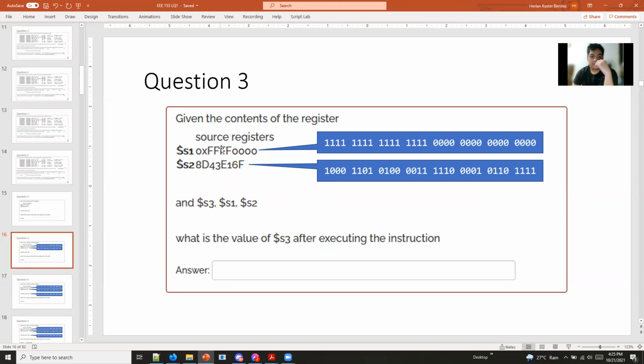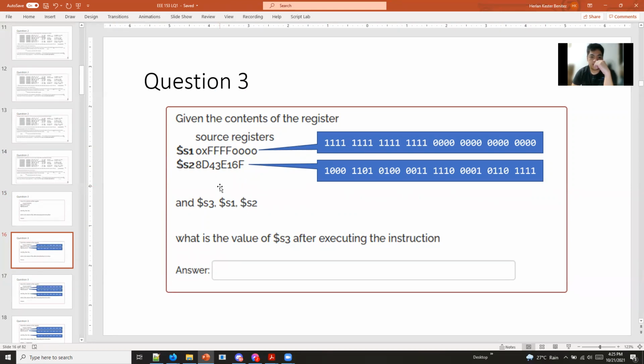So yung FFFF0000 is just puro 1 ang apat and then puro 0. And then dito naman sa baba, si 8 ay 1000, si D ay 1101, and then si 4 ay 0100, and 0, si 3 naman ay 0011, and so on and so forth.